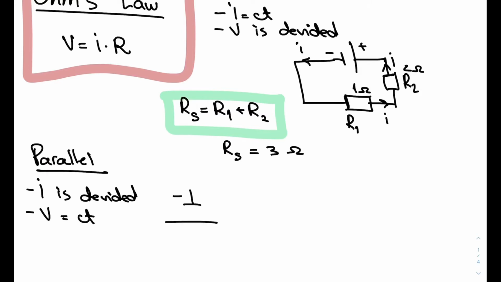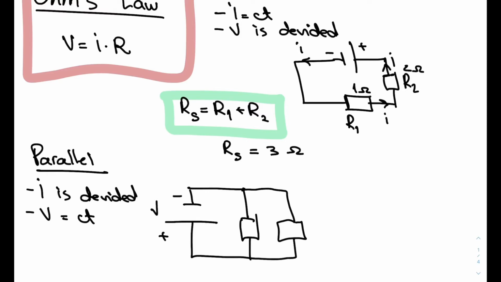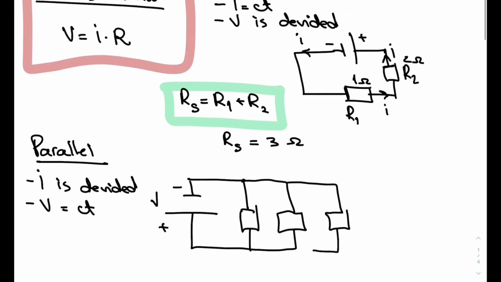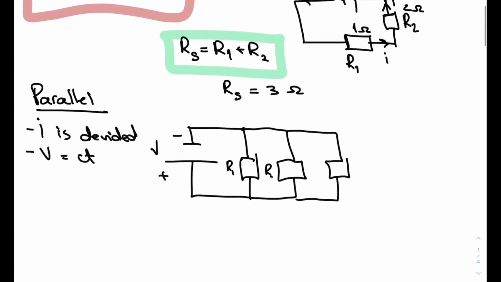Here is the negative side, here is the positive side, voltage. We have here the first resistor, the second resistor, oh sorry, my drawing is quite bad, and the third resistor, okay? So here is resistor number 1, resistor number 2, and resistor number 3. Look, the current will flow like this, from the positive side to the negative side. So this is how the current goes.